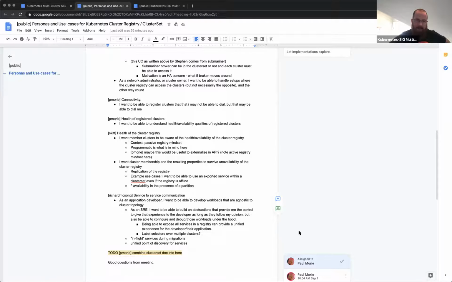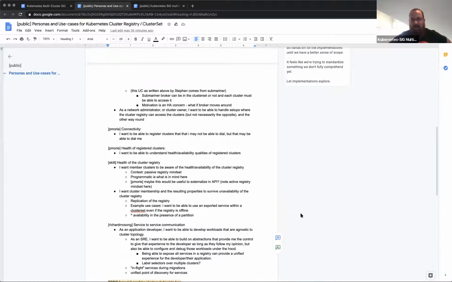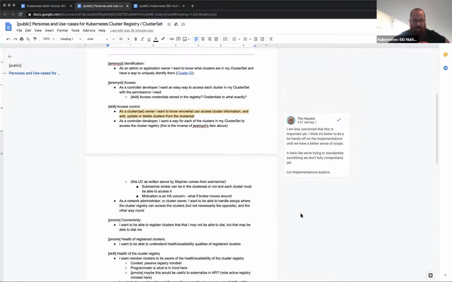And maybe we should take this the same way that we did with multi-cluster services and just define the common API that is enough to build these things, versus trying to enumerate all of the actual uses that we want in a registry. Because I don't know that every registry or every use case needs all of these features. But what is the common basis that we can build on that we want everywhere?